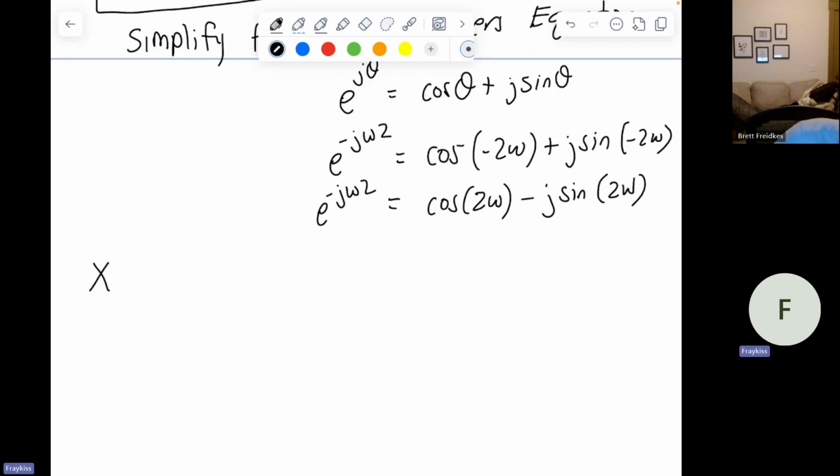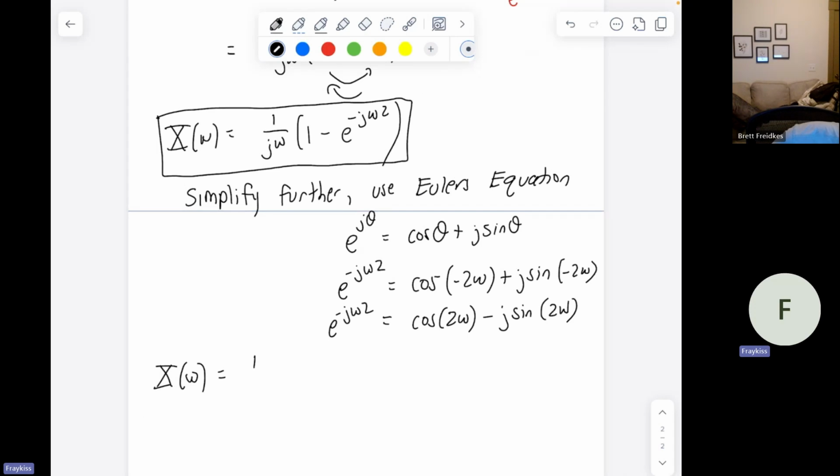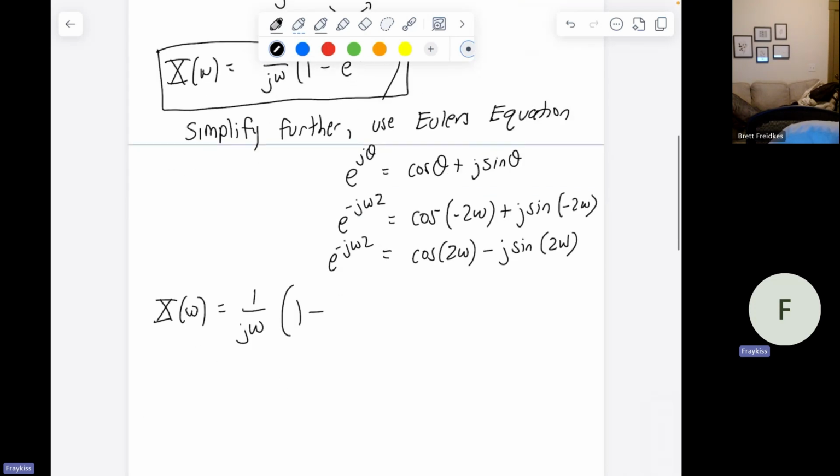We can plug that in now into our x of omega. If we look at that, this is going to be 1 over j omega times 1 minus, and then I'll include in parentheses, cosine of 2 omega minus j sine of 2 omega.